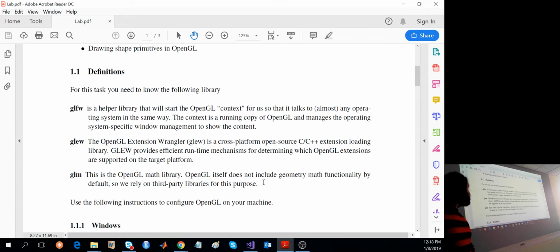GLFW is primarily for window management and input, getting input from the keyboard, joysticks, etc. GLEW deals with OpenGL extensions, if you need any of them, and a mathematics library, because OpenGL doesn't have its own support for that. Do we have to use GLM?